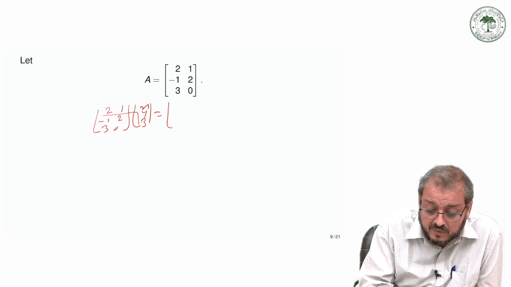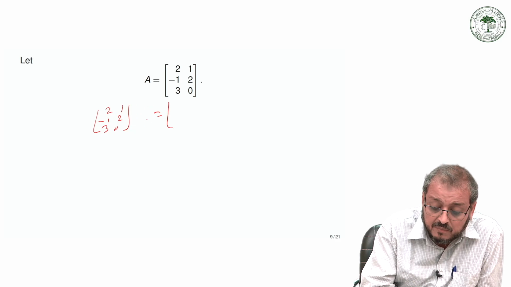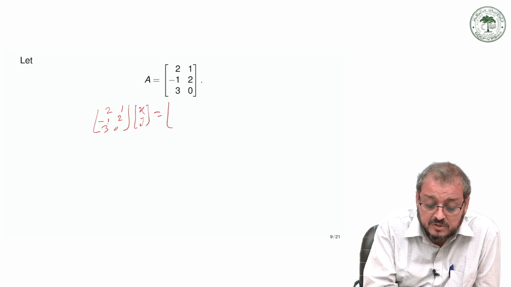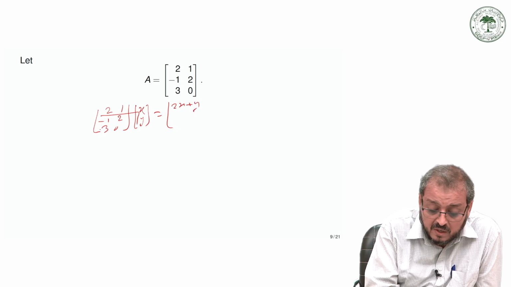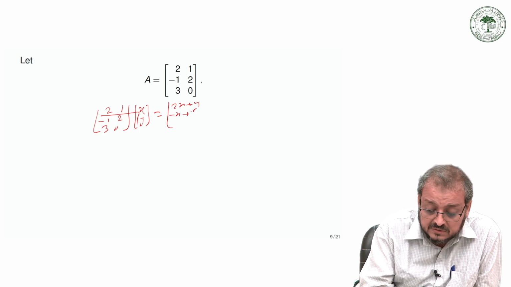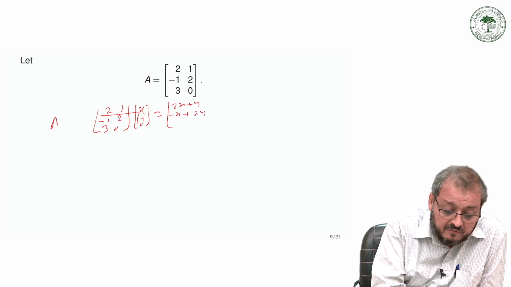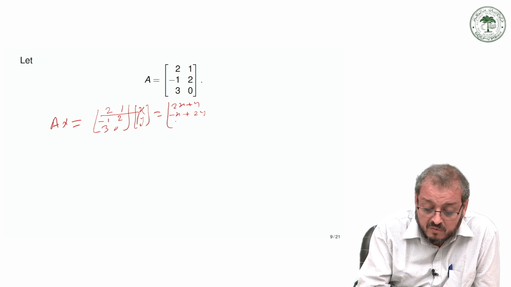Sorry, this is x and y because we have a 3 by 2 matrix. So this is equal to (2x + y, -x + 2y, 3y).